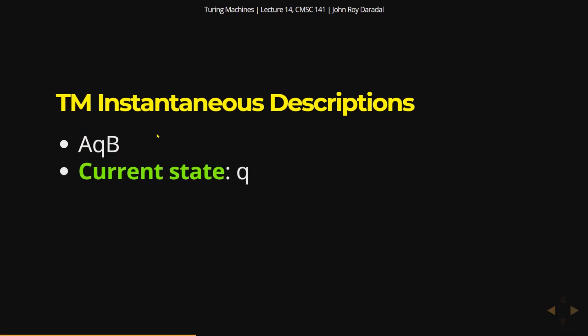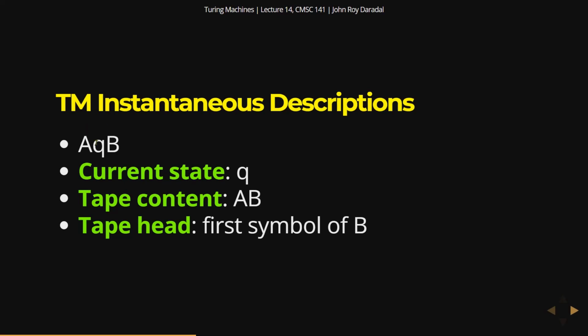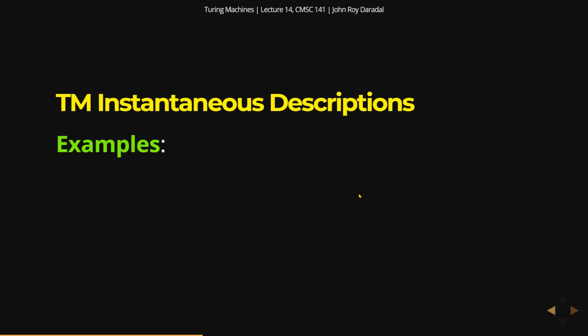So what are these three things? q is the current state, and A and B are tape contents. Where q is located indicates where the tape head is currently pointing. So the tape head is currently pointing at the first symbol of B. Let's see some examples.